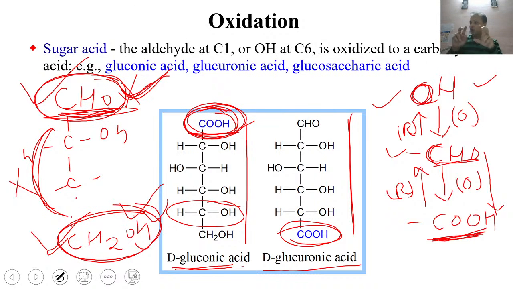And if both are oxidized at the same time in the same compound, we have COOH here and COOH here. That structure is called glucosaccharic acid. So after oxidation of glucose we can have gluconic acid, glucuronic acid, or glucosaccharic acid.